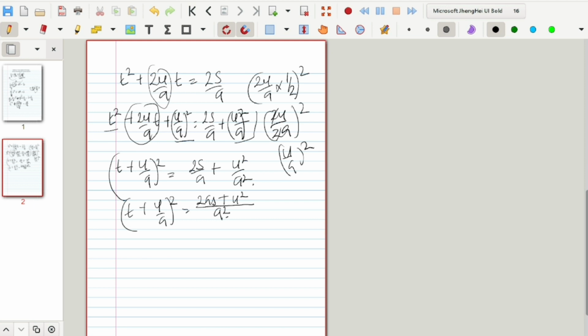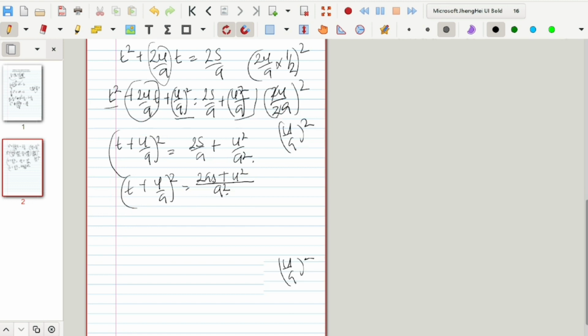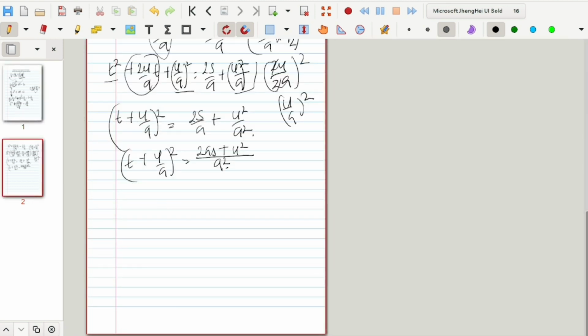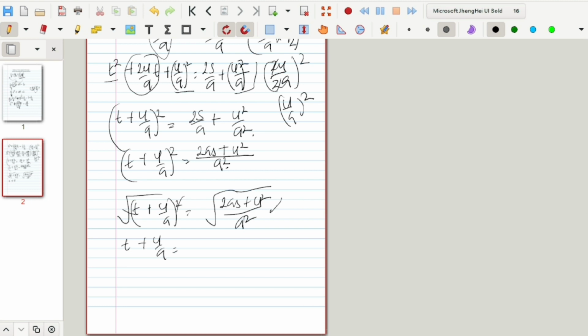The next line says take the square root of both sides. So you have the square root of t plus u over a all squared equals the square root of 2as plus u squared over a squared. The square root cancels the square, and you'll be left with t plus u over a equals, on this side you can give them separate square roots. That's the square root of 2as plus u squared over the square root of a squared.